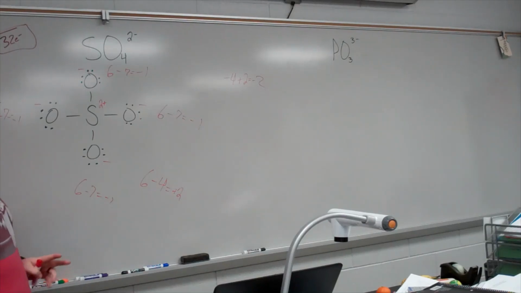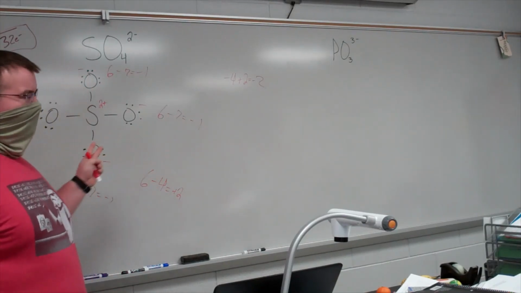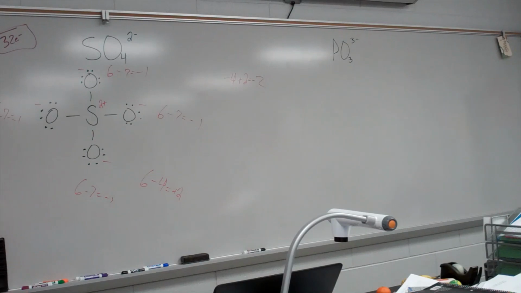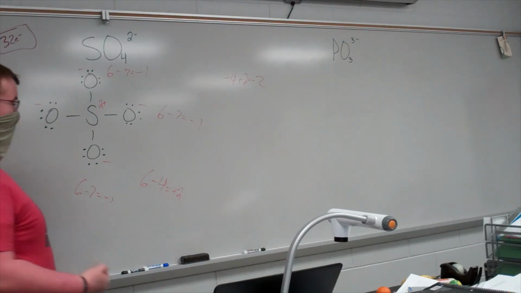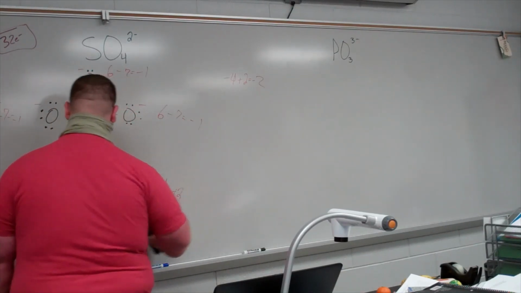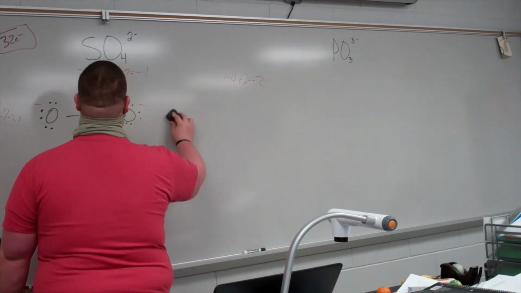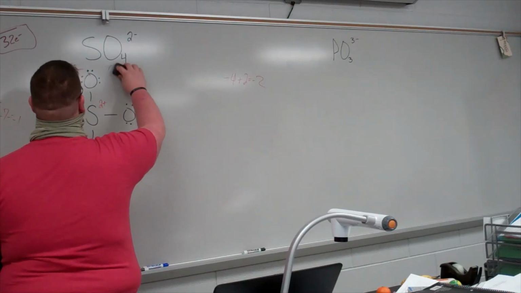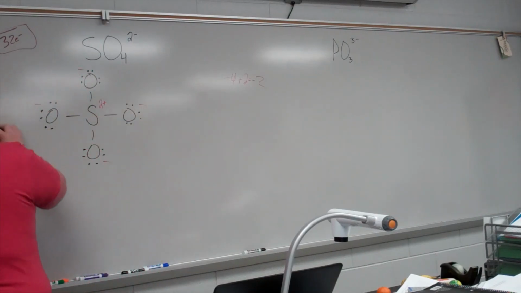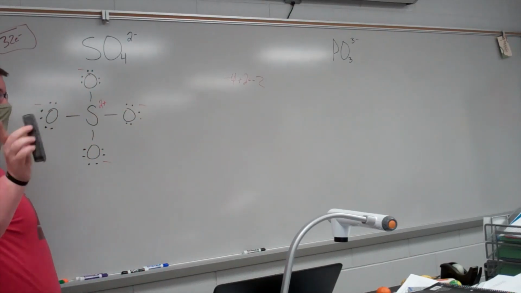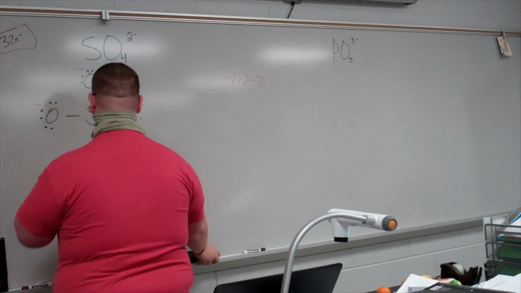Is it possible for me to do away with charges here? Yes. Why? Because sulfur can form 6 bonds. When we're saying it, we're referring to sulfur. I know you knew that. I just want to make sure anybody watching the video knew that.